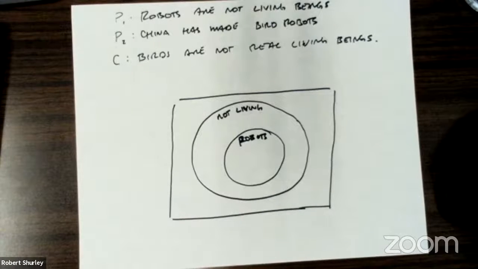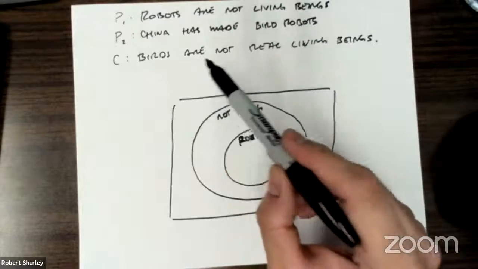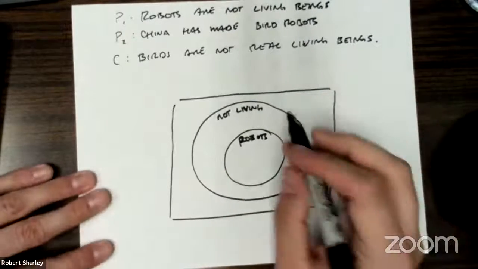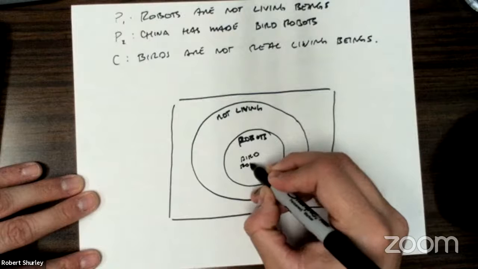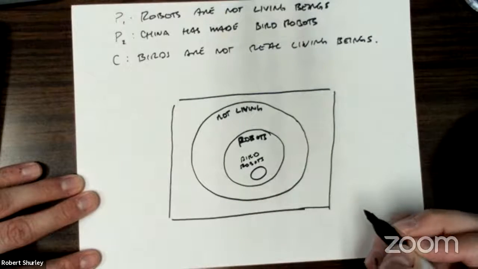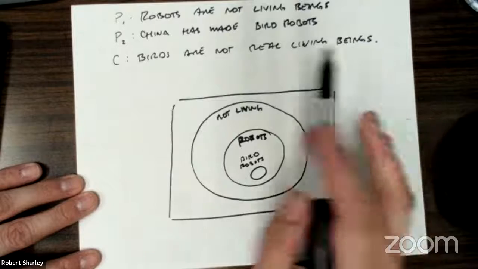What would be a better example? China has made bird robots. This doesn't go with what we're talking about. Well, let's think about this. China's made bird robots, but therefore birds are not real living beings. Well, bird robots are in here, right? We'll make that another bubble. But then to say birds are not living beings is not true because we haven't defined all birds.